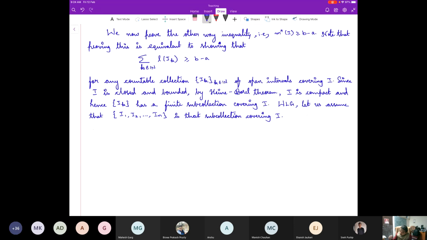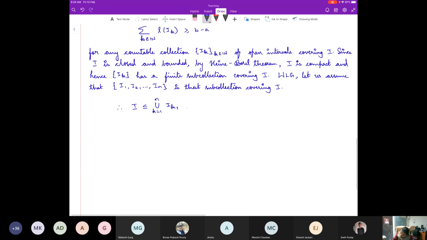Now, what does it tell us? I is contained in the union, k running from 1 to n, of Ik. That is, the interval [a, b] is contained in the union of Ik for k from 1 to n.